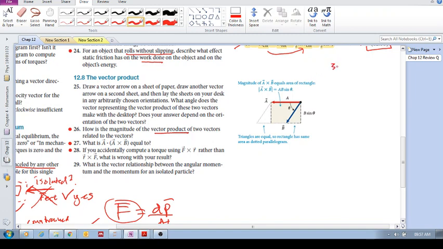Whereas if you recall the scalar product, you multiplied two vectors and out came a scalar value, right? And that's called the dot product or the scalar product. But when you have the cross product, out comes a vector, which means it's got a magnitude and a direction. So there's the magnitude of the vector product or the cross product.